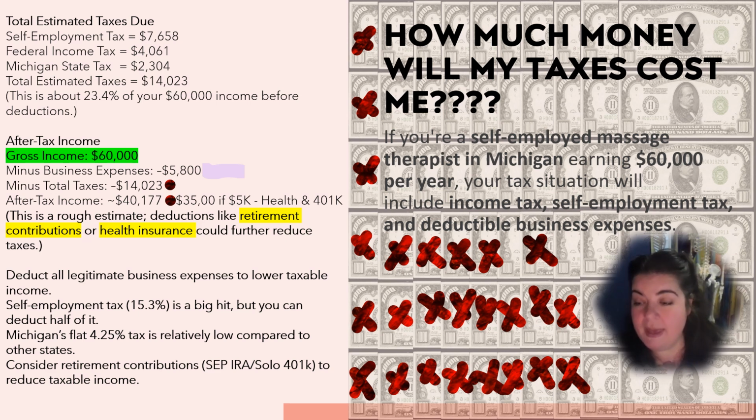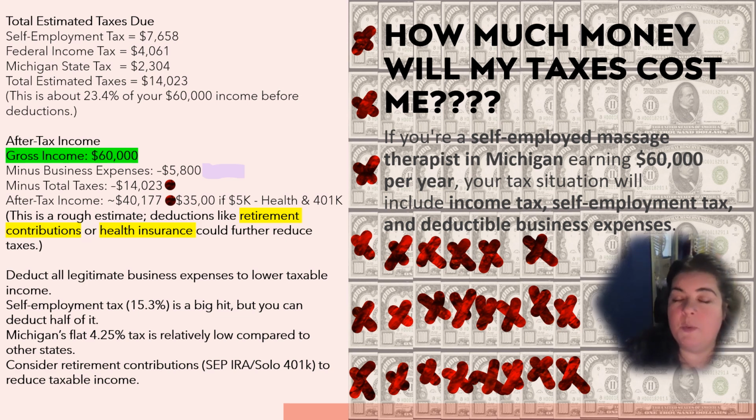If you were to pay $5,000, and I'm using this amount because that's what we're going to use in the employed section in just a moment, if you paid $5,000 towards your health and retirement contributions, that is health insurance. If you only paid $5,000 for the year, you would be making $35,000 worth of income out of $60,000 for the year.